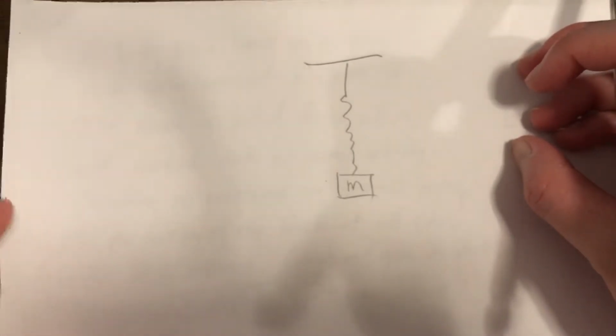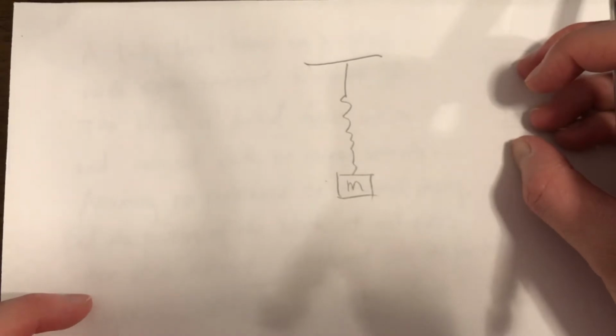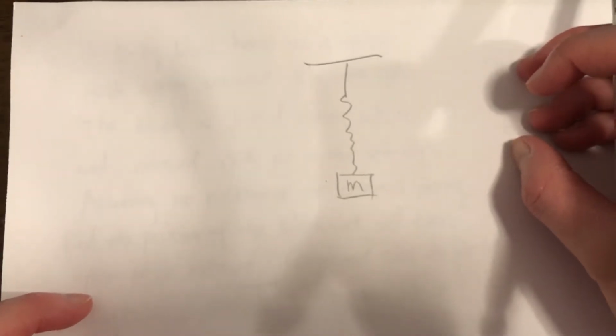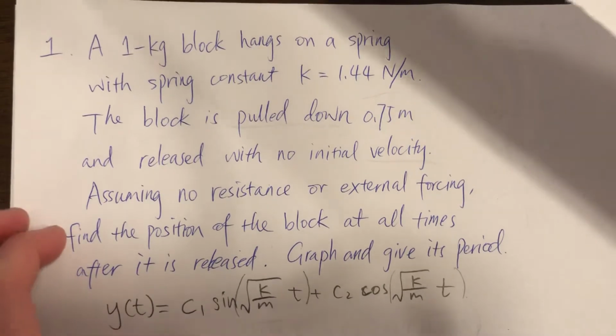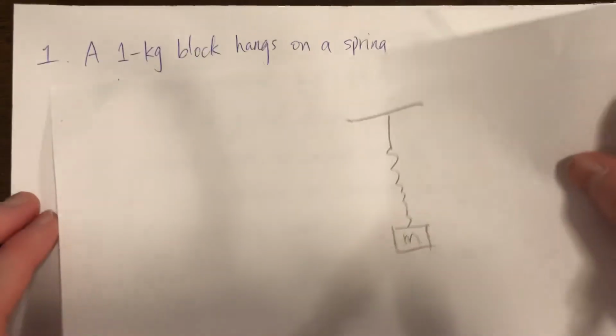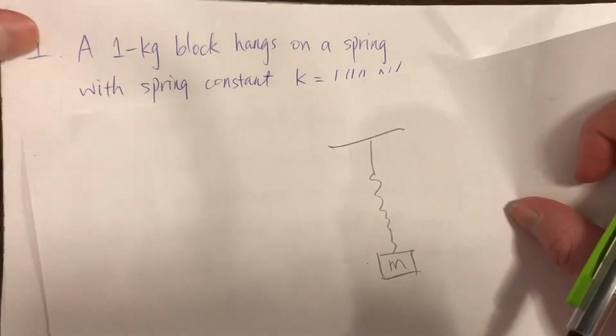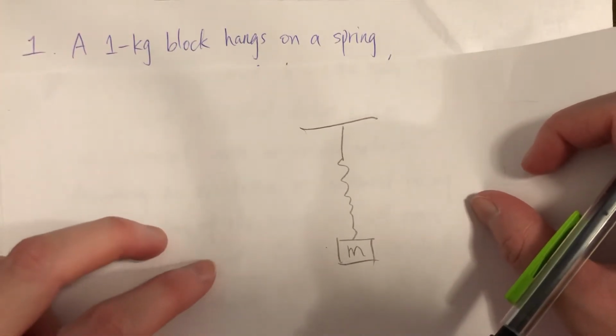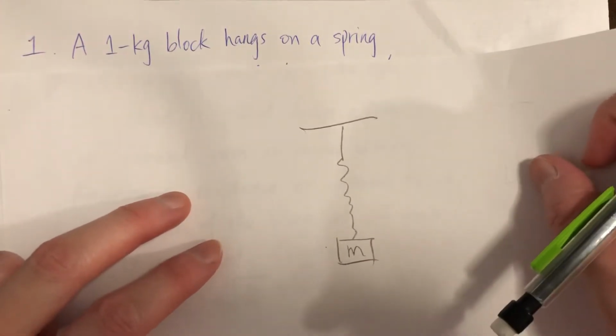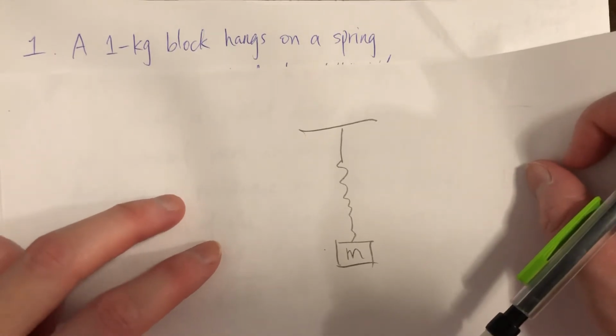It can change. So an application problem usually looks very long and intimidating, but let's just analyze it line by line. So this is a spring problem. The first line says a 1 kilogram block hangs on the spring.